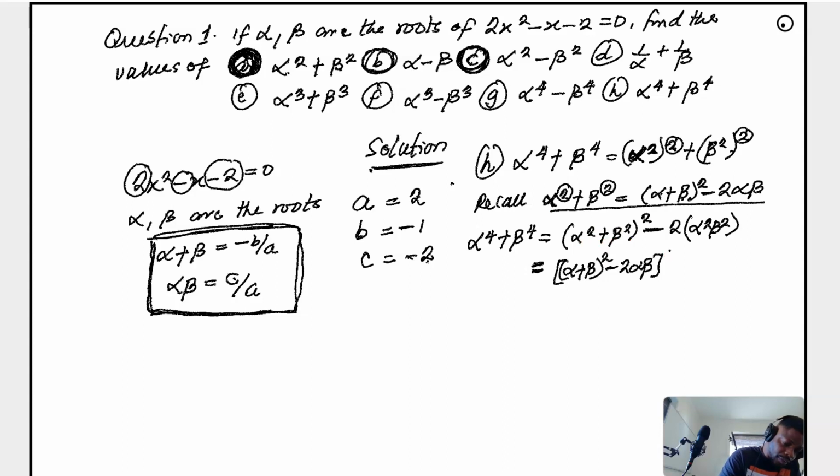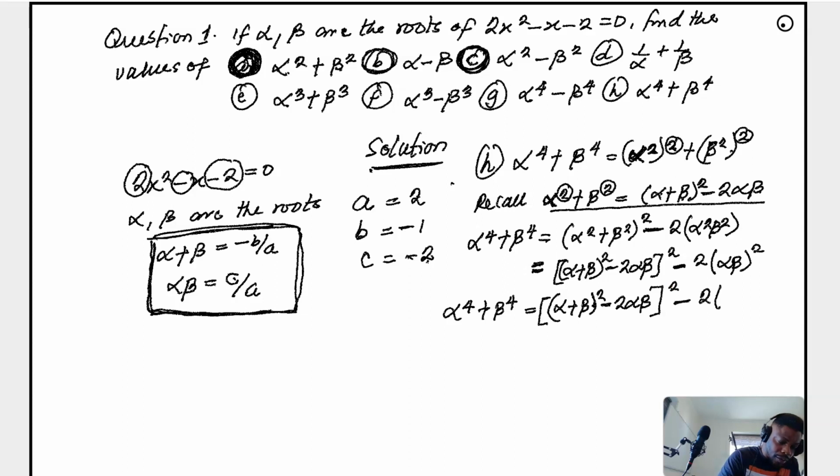Then you have squared, which is outside, minus 2, which is 2. And this is alpha beta, and they are both having square, so square can be out. So the formula for alpha raised by 4 plus beta raised by 4 is alpha plus beta squared minus 2 alpha beta all squared, then minus 2 alpha beta squared.